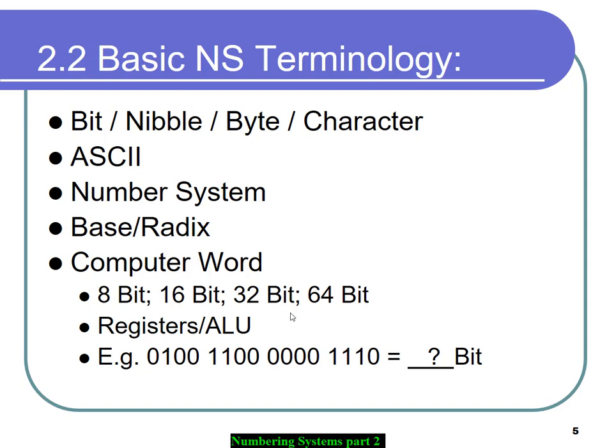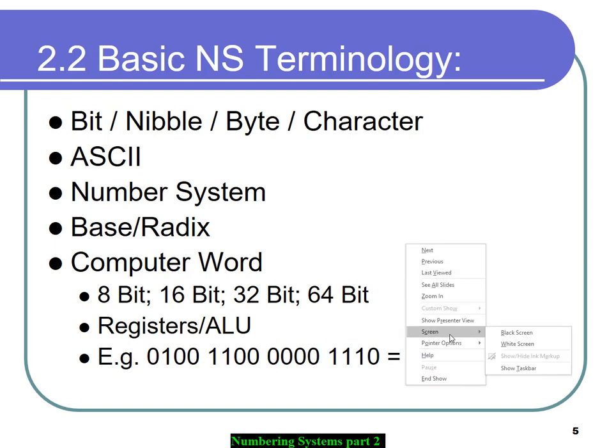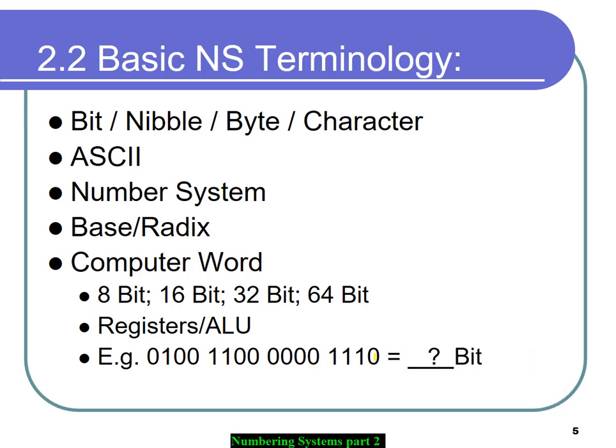The main things that you know is that a bit is basically part of your 8 bits, which you would have at the bottom here. You can just do the highlighter. You add it all up, and that gives you the amount of bits you have.